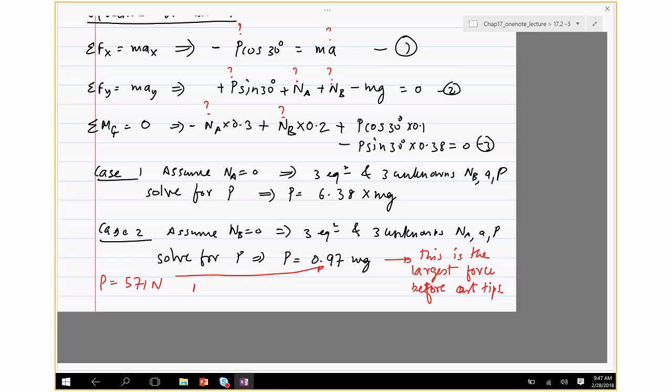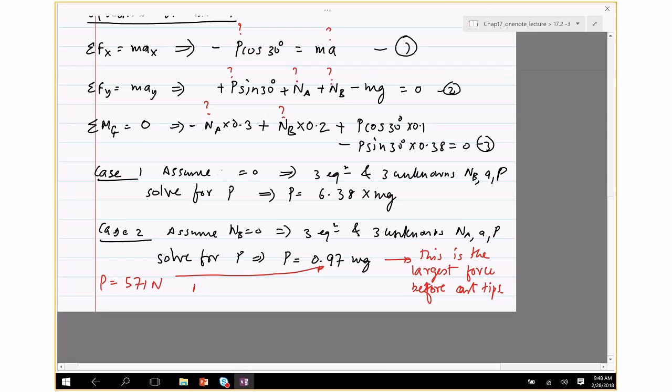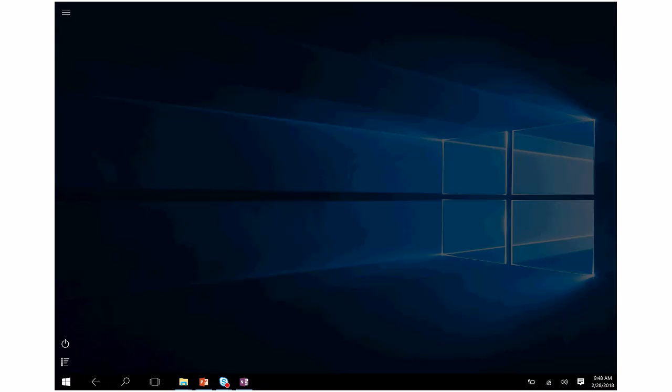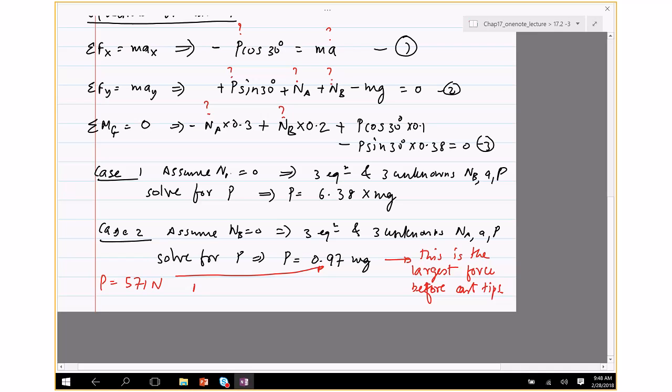Okay, hold on, I think I swapped these, my bad. This should be first one. This should have been NB. I just copied it wrong from my notes. So this will be NA, and this should be NB.